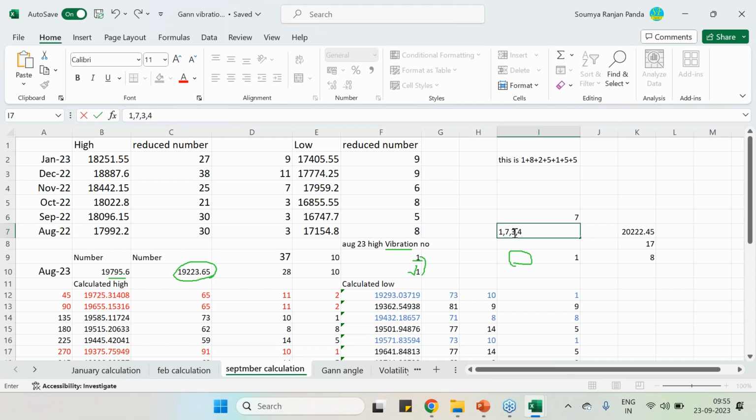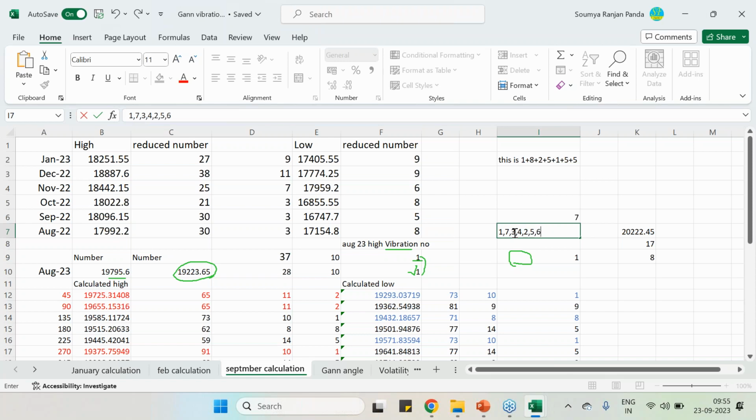Then 5 plus 2 is 7, so 2 and 5 also will come. 1 plus 6 is also 7, so 6 also will come. This is only addition splitting, and these are the vibration numbers you will get.